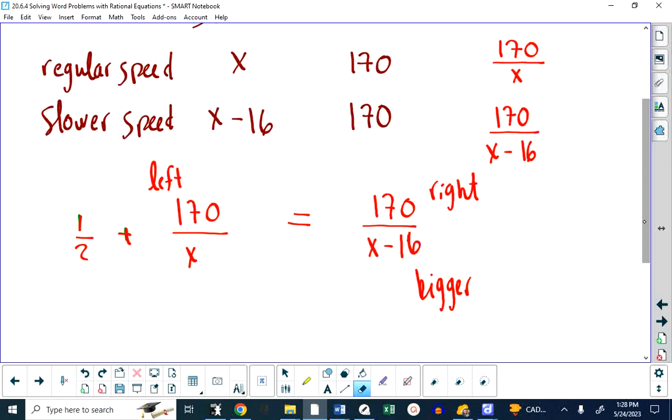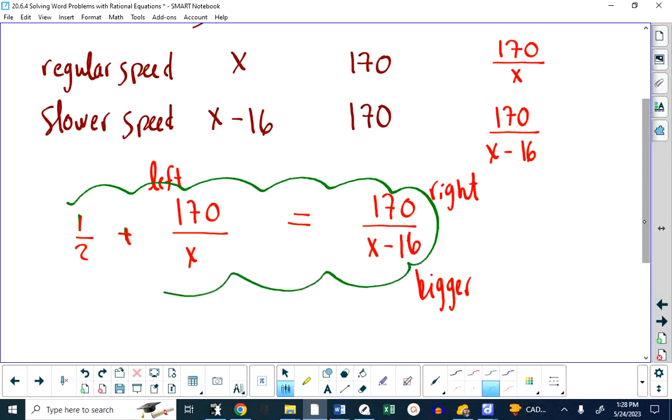But what this is saying is that this 170 over x minus 16 equals a half hour more than the other time. So this is the equation that you're going to have to solve. And I'm pretty sure you're going to get a quadratic equation, and it's probably not going to be factorable.